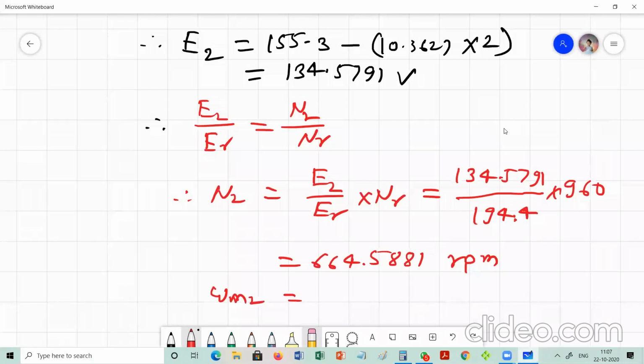2 pi by 60 into N2, you will get the value.